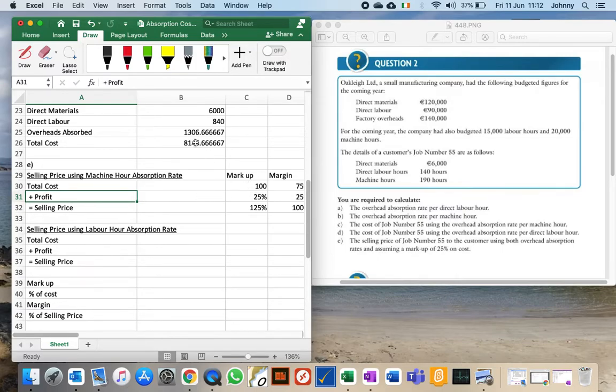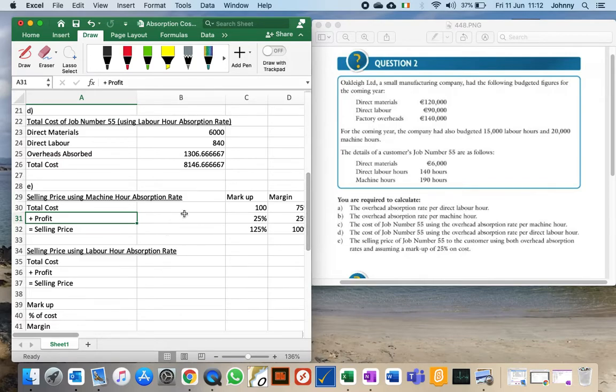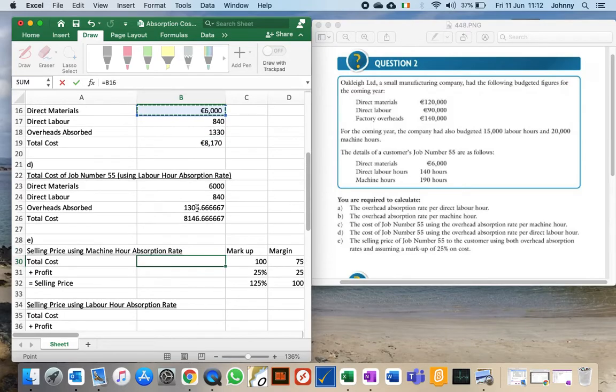So we've worked out our total cost, and we're doing this both based on machine hour and labour absorption rate. The cost for the machine hour is 8170, and for the other one it's 8146. The profit is going to be that number times 25%.